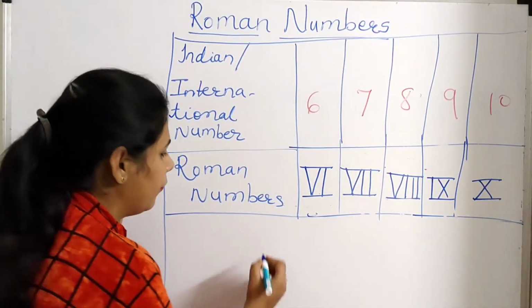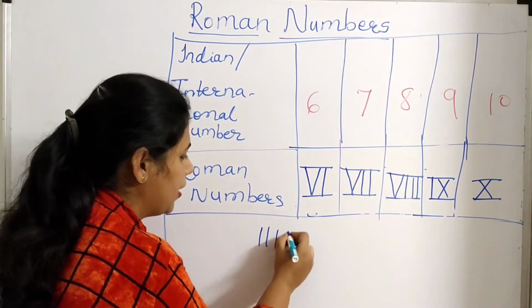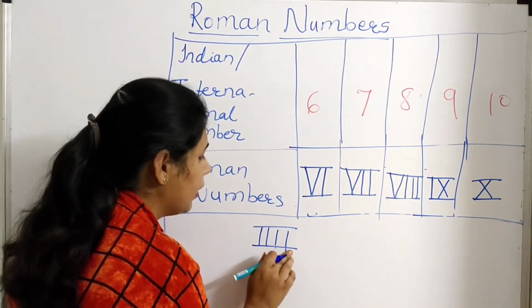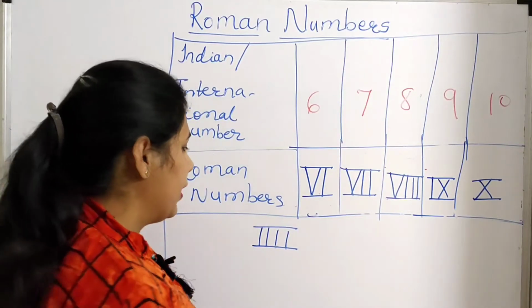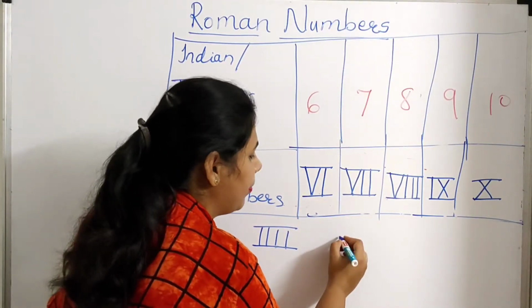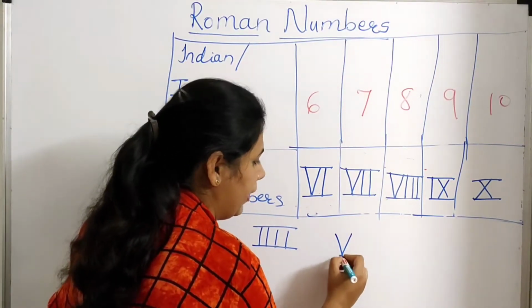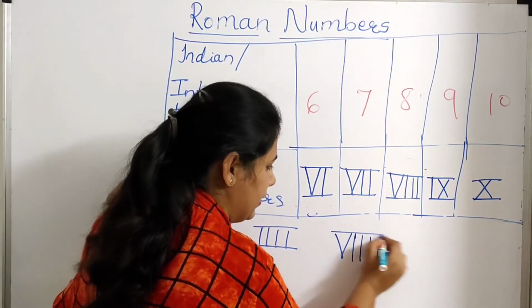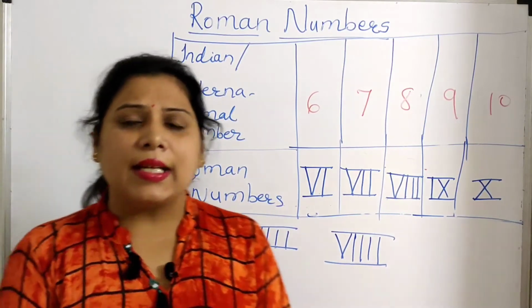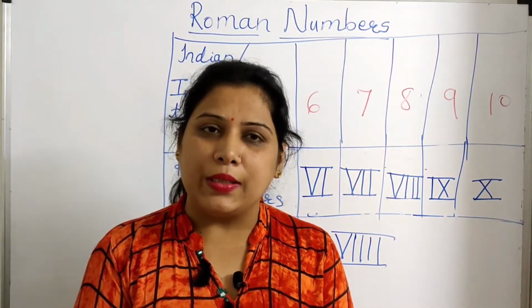Dear kids, if anyone asks you how can we write 4 into the Roman number system, and I am writing 4 like this, 1, 2, 3, 4. If anybody asks me how do you write 9 into the Roman number system, and for 9 I am writing 5 and adding 1, 2, 3, 4 lines. Is this the correct method of writing the Roman numbers?